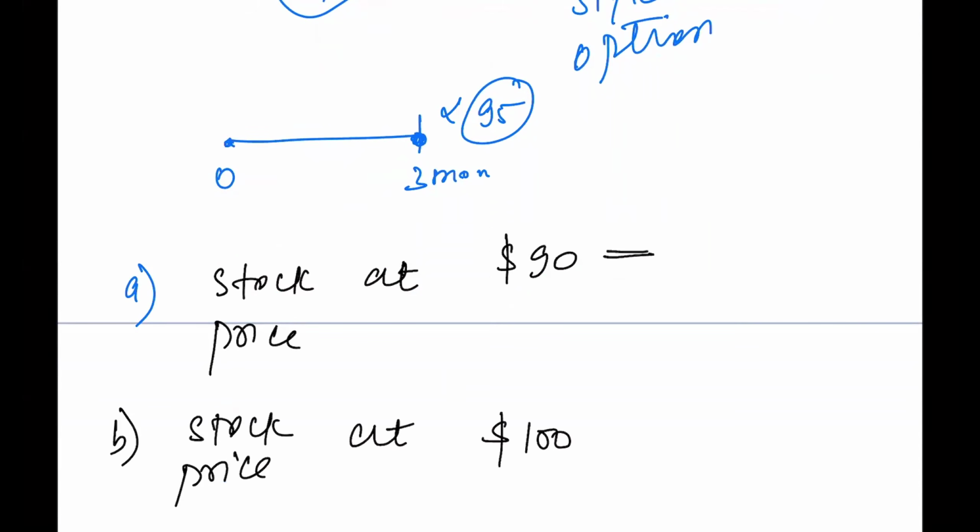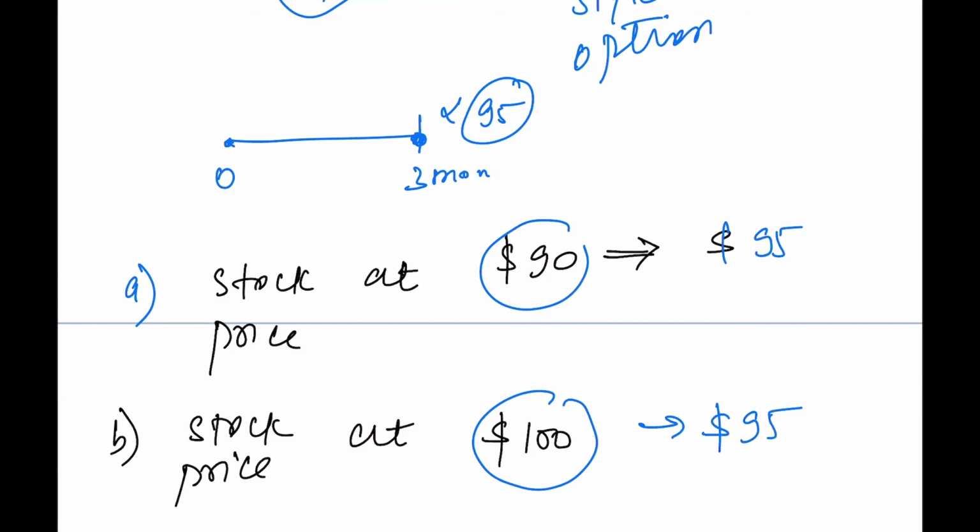So when it's $90, the investor has said, I'll buy the stock at 95. These are two scenarios at maturity, but we know the predetermined price is 95.